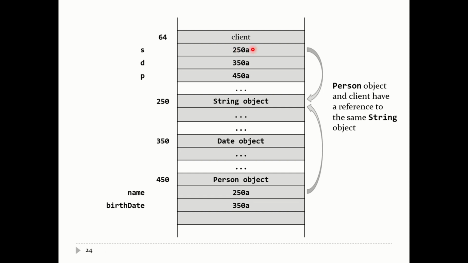The person object also has a reference to that exact same string object, and similarly, the caller has a reference to that date object, and the person object also has a reference to that date object. So these two objects are shared between the caller and the person object. Neither one owns or has exclusive ownership over those objects.